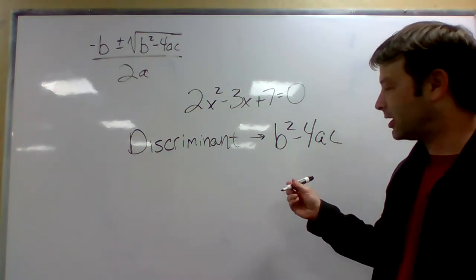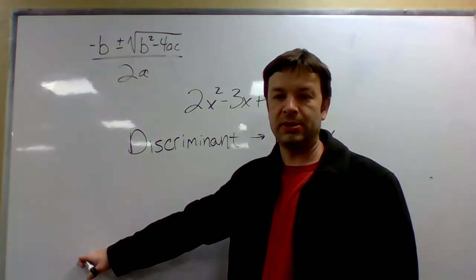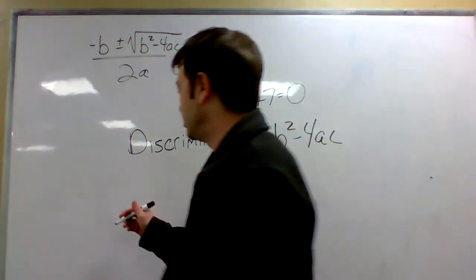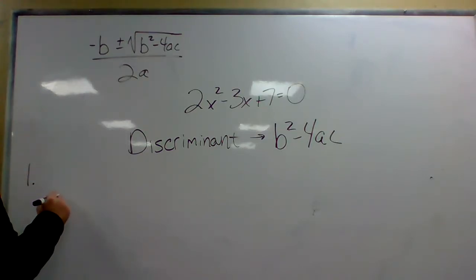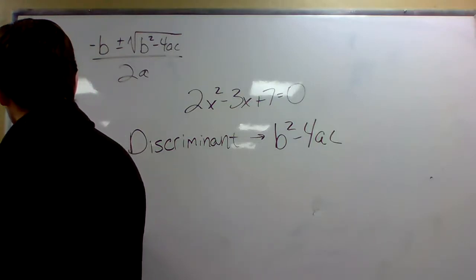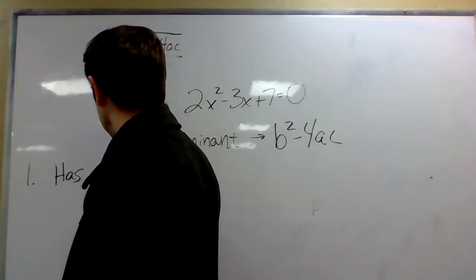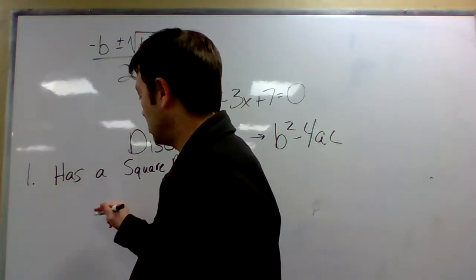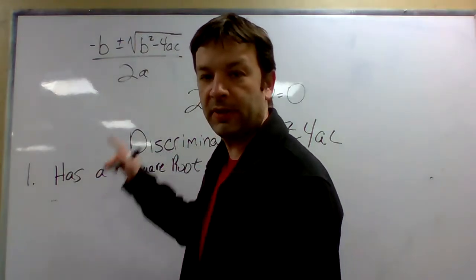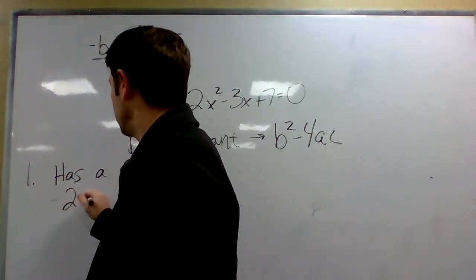And so, okay, our four options, I'm going to write these over here so we can refer back to these later. The first option, I'll just call it has a square root. And that will give us, okay, if you get a normal number up here, it has a square root, two rational answers.